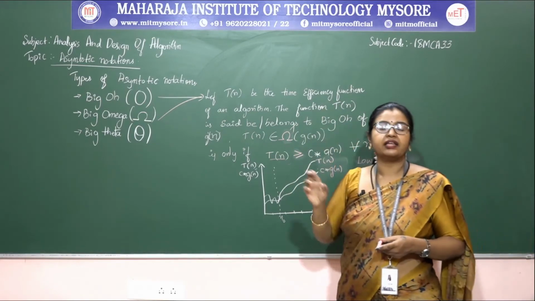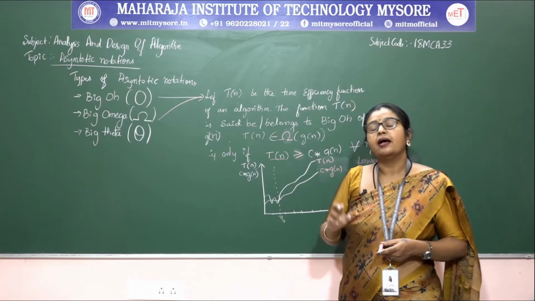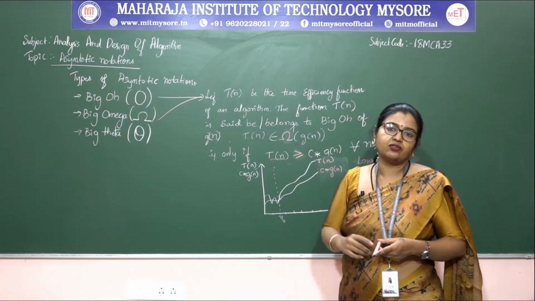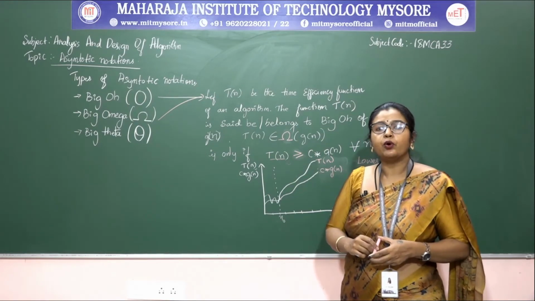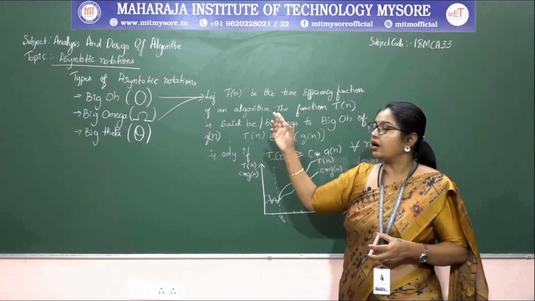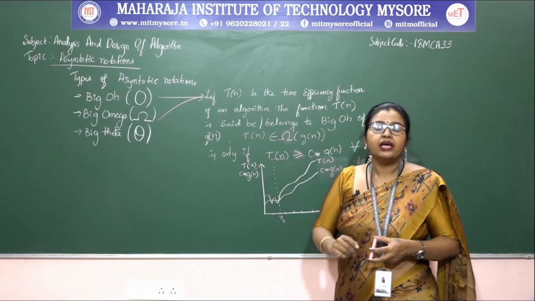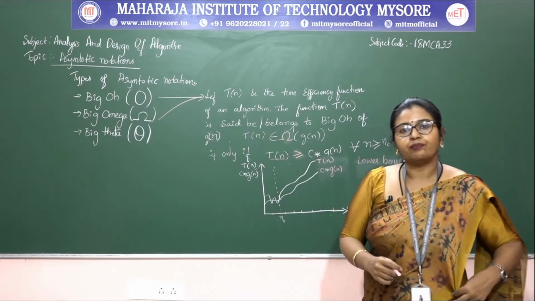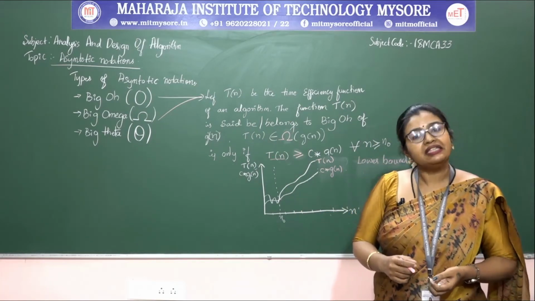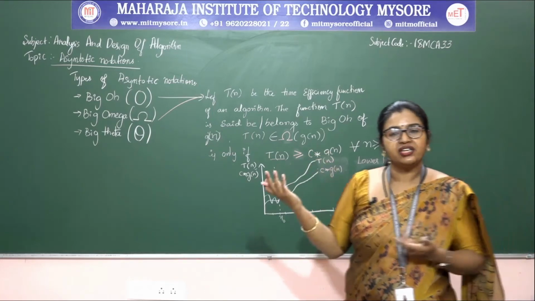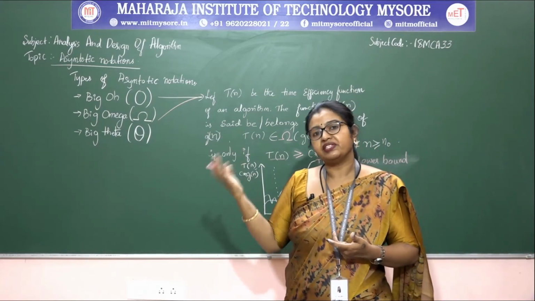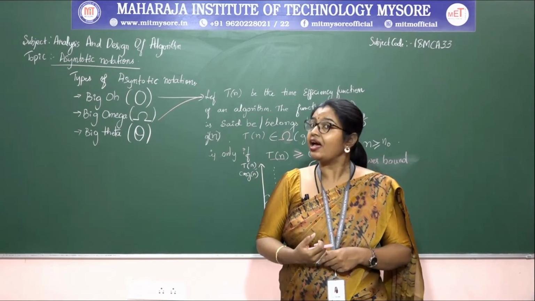That's why I have told that if I am going to represent the best case efficiency of the algorithm, then we are going to make use of this asymptotic notation called big omega. Okay, so this is about big omega. Then what about this big theta? So worst case is done, best case is done, now left out with the average case.